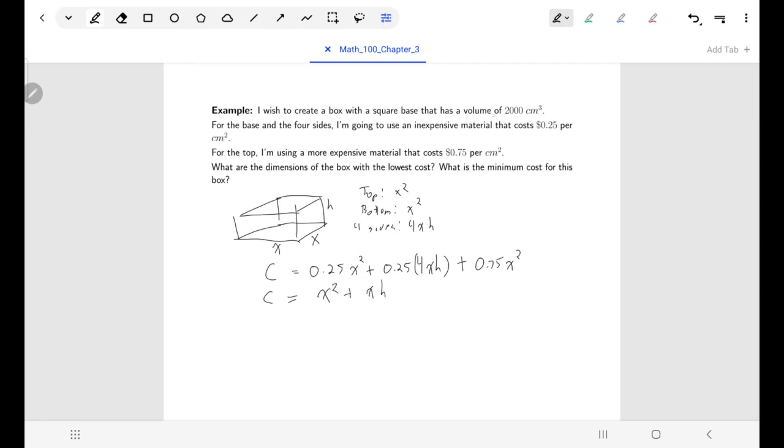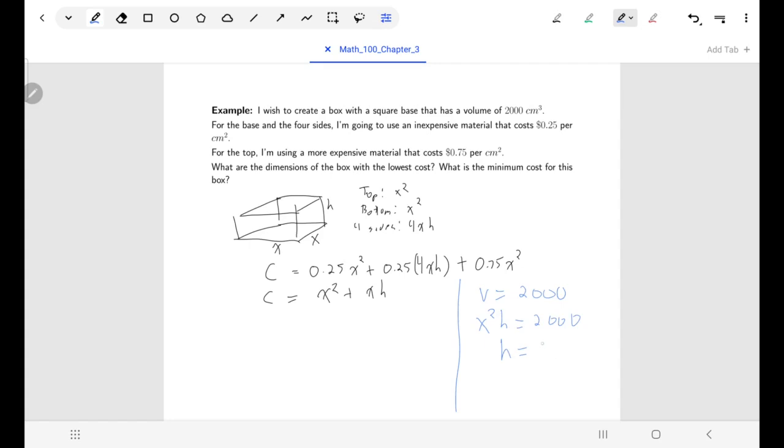And for this, I'm going to use the one thing that we haven't used yet, which is that our volume needs to be 2,000 centimeters cubed. So on the side, I'll say to myself, well, I know the volume is 2,000 centimeters cubed, and the volume of this box is x squared times h. So x squared times h is 2,000.